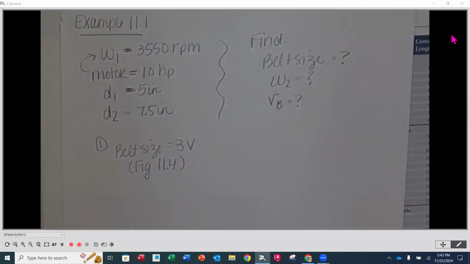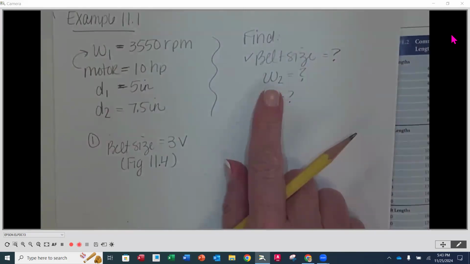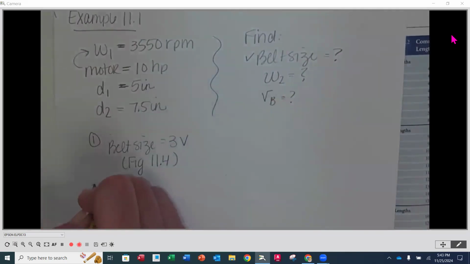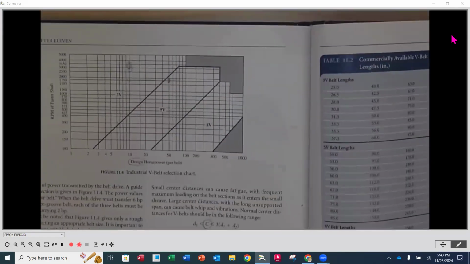Now they already have the diameters of the sheaves done. So we don't have to pick out any sheave diameters, and we've got the belt size done. But now we want to know the rotational speed of our compressor, or the output. So step number 2 is going to be finding that W2. We're going to use the velocity ratio equations.